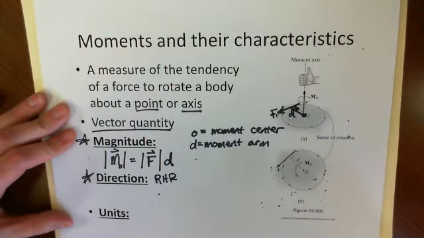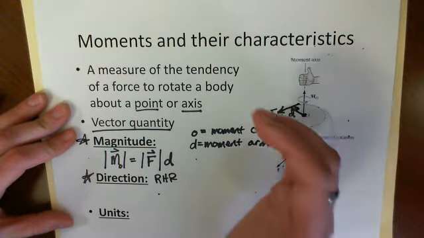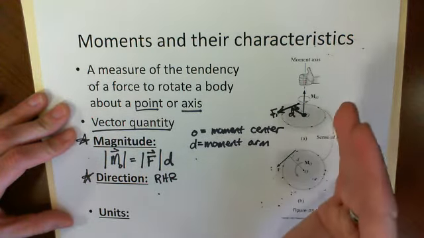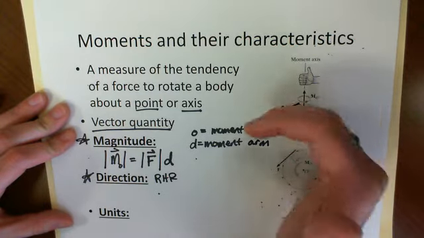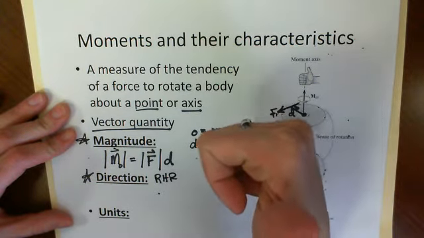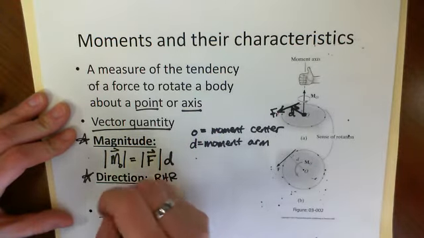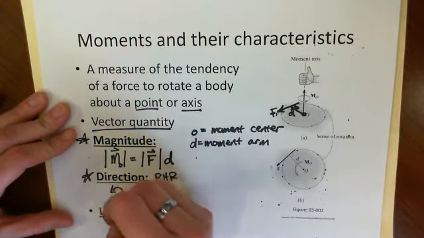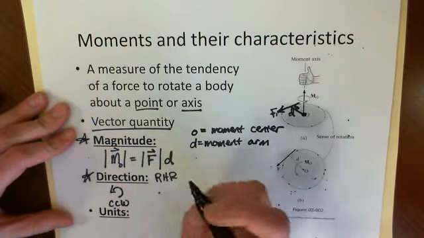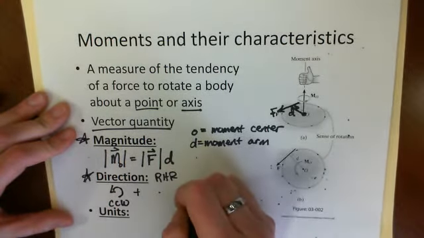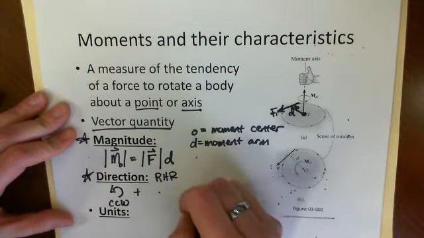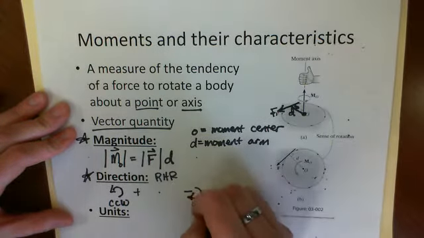So if we take our right hand and we put our fingers in the direction of the force being applied, like in this picture here, the positive direction is where my thumb is. So positive is going to be counterclockwise, and our negative direction will be our clockwise direction.